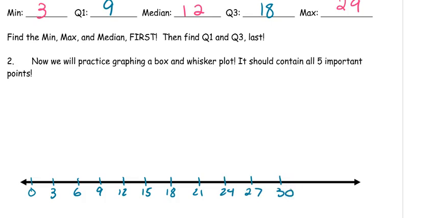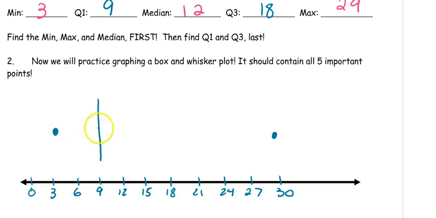Alright, so to create the box plot, we're going to put a dot for where each of our min and max go. So the min is going to go above 3, and then the max is at 29, so just before 30. Okay, then we use Q1, the median, and Q3 to create the actual box of the box and whisker plot. So Q1 is 9, so we're going to make a vertical line at 9.